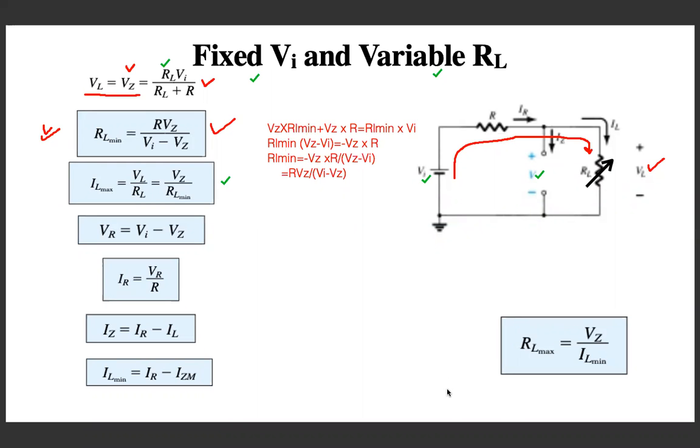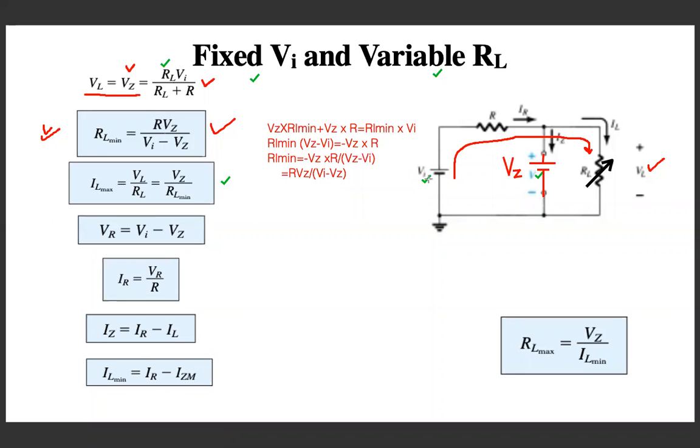There is a battery here, and this is equal to VZ. But we have to keep the diode on, so if I want to keep the diode on, this should be equal to VZ. This will be on. Now we have replaced the diode with its equivalent.